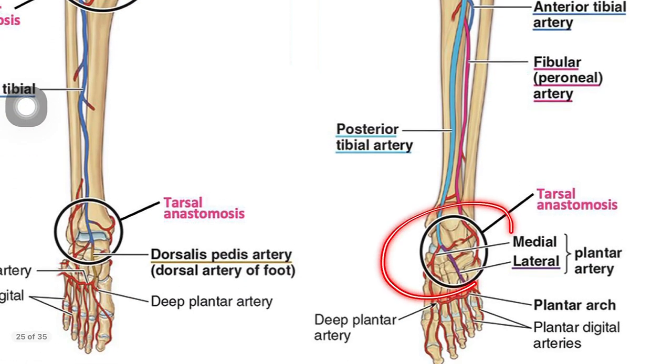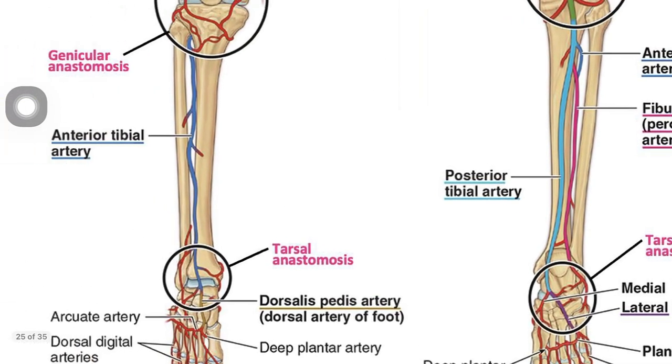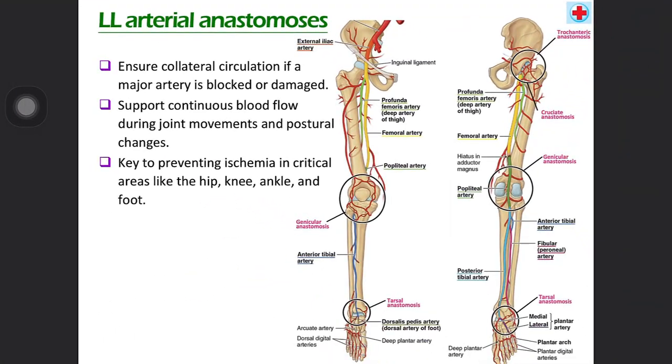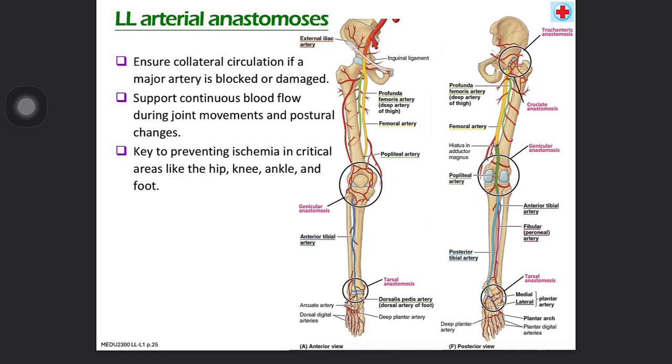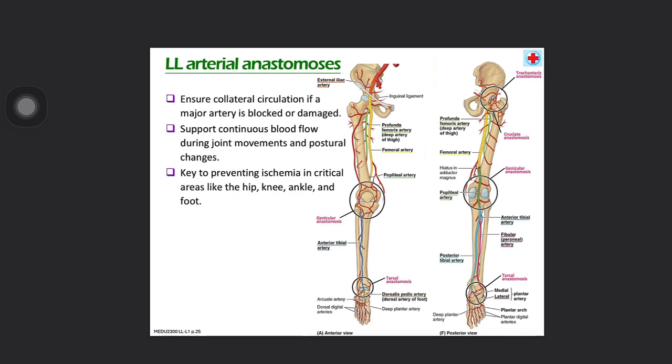And then here we have the tarsal anastomosis. There are several of them, okay? So you know that around the joint, we have alternatives, right? So this is key and important to prevent ischemia in critical areas, such as the hip, the knee, the ankle joint, and the foot, okay?